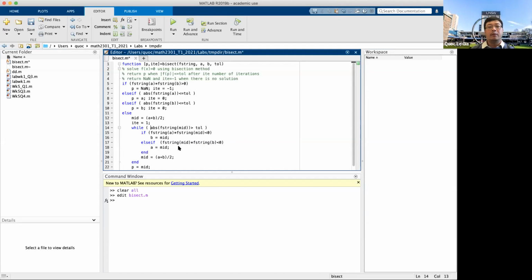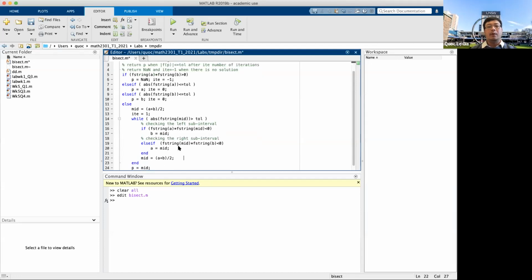So we check in the left subintervals, and here we check in the right subintervals. And then you compute a new midpoint.